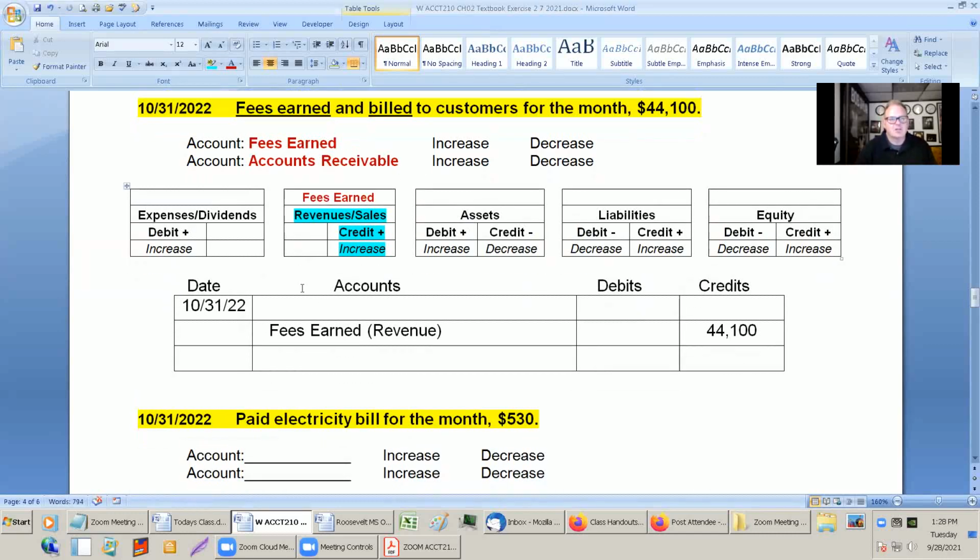And the other side, accounts receivable, whatever it is, it's got to be the debit.